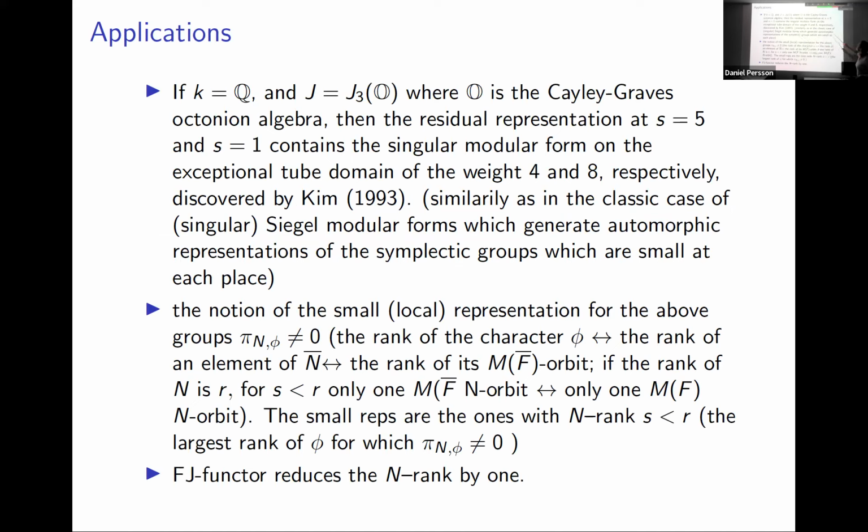This is what is related to this octonion case r equals 3 on this exceptional group E7. Is this automorphic representation actually the one discovered by Kim? Actually, he constructed, I think, a singular modular form which generates this representation. So we somehow rediscovered something which Kim discovered in a more classical sense here.